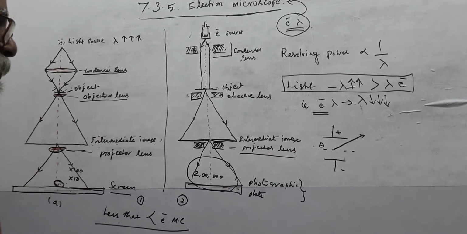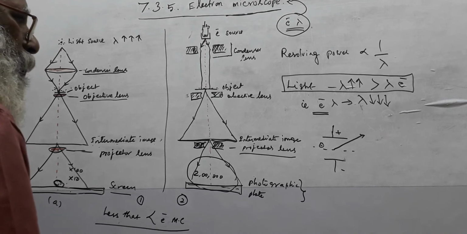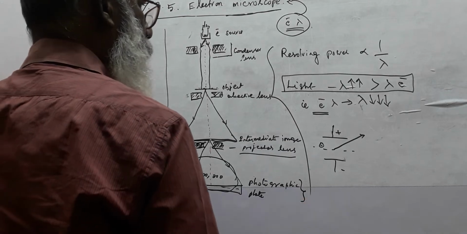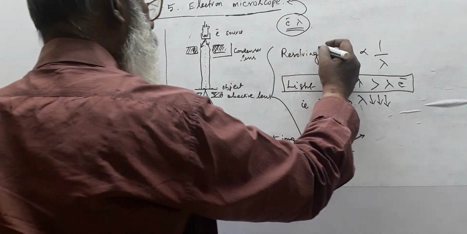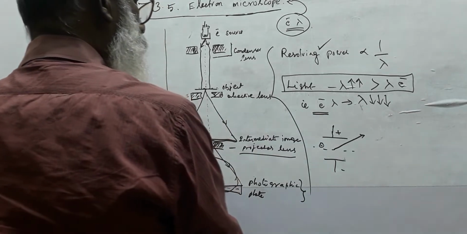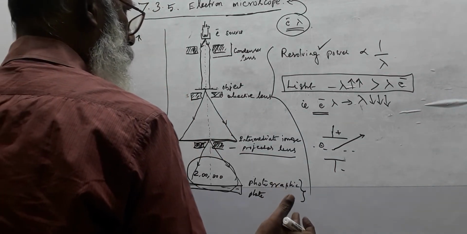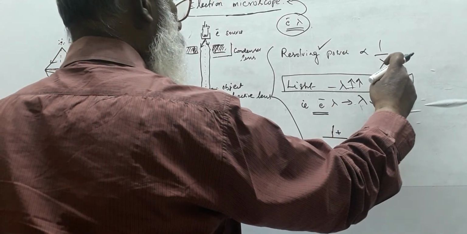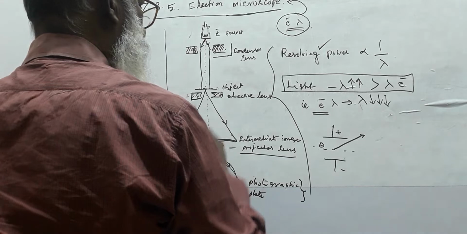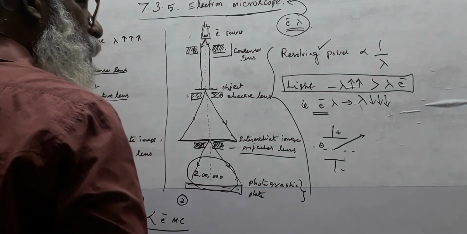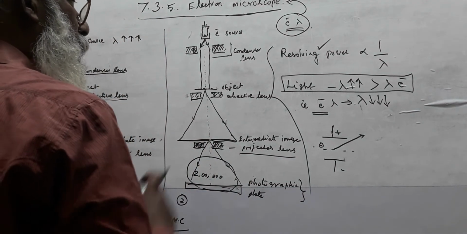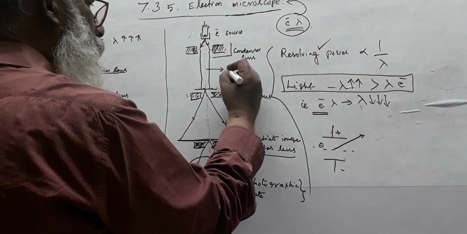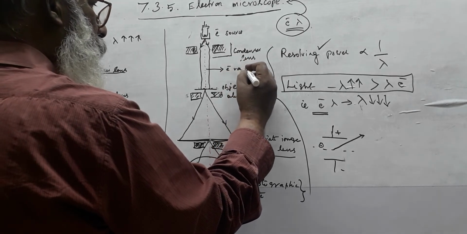The main principle we use here is that the resolving power of either an optical or electron microscope is inversely proportional to the wavelength of the incident ray on the object. Here we are utilizing matter waves, or electron rays.